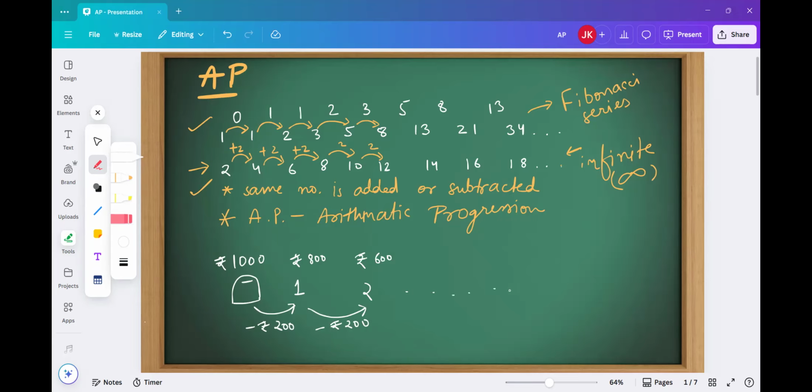In the fourth month, how much am I left with if I do it like this? Any guesses? I am going to be left with 200.